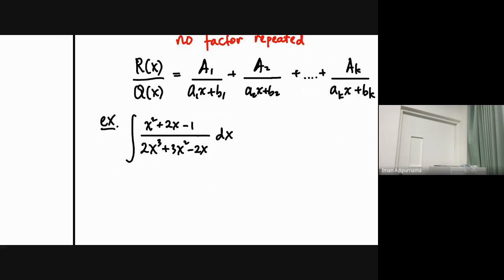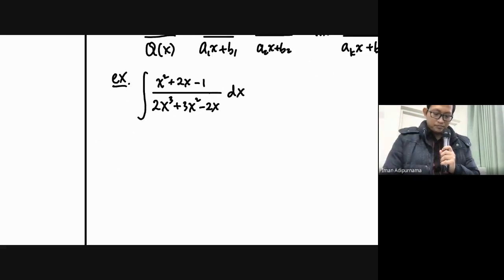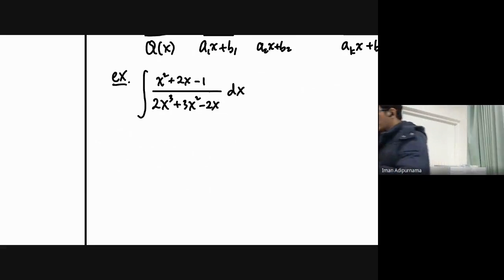The factors include a cube, so at least three: 1, 2, 3. And if the integral notation and the dx trouble you, you can ignore the integration first, separate the functions, and integrate later. I believe it's much simpler that way.